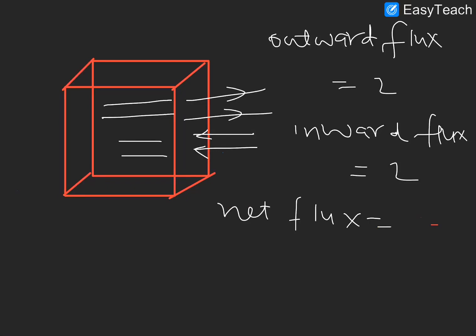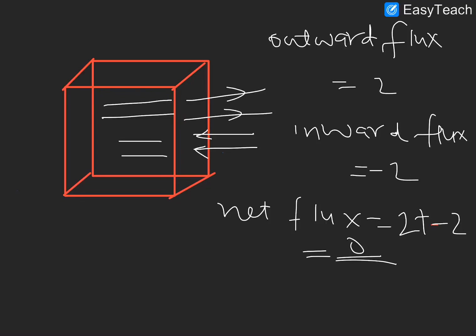You must take the inward flux as minus, because outward is in one direction and inward is in the opposite direction. So in order to specify that direction, you put a negative sign. So net flux means outward plus inward, that is 2 plus minus 2, which is equal to 0. So net flux is 0. When outward flux equals inward flux, net flux becomes 0.